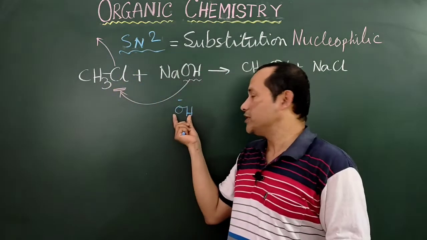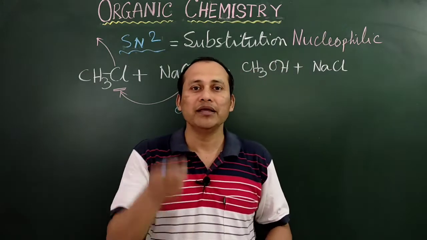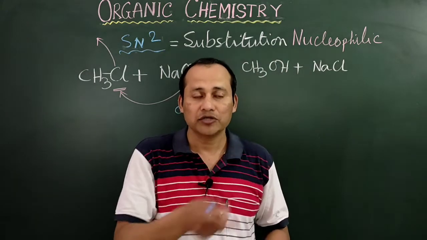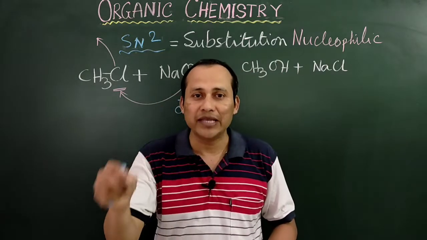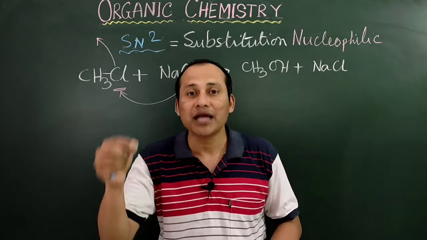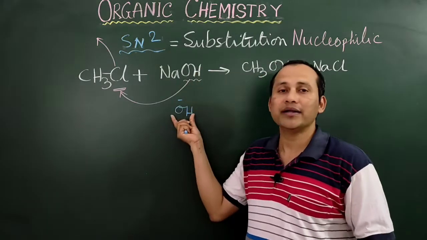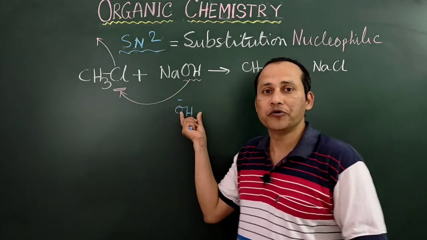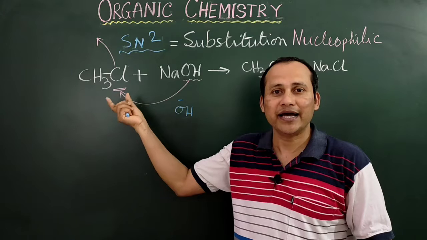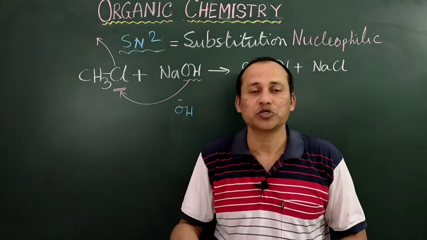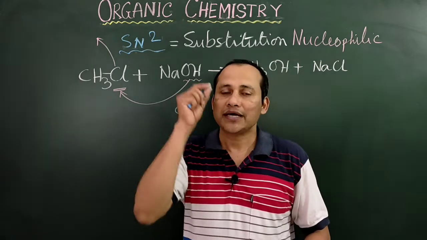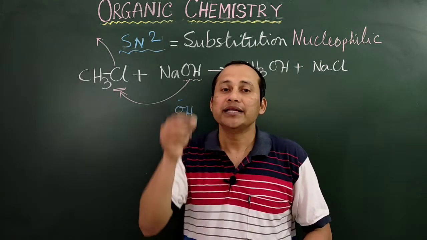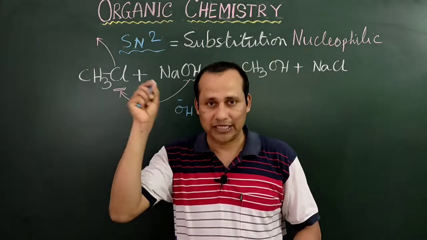So any group which is negatively charged will love the nucleus. This type of substance is called nucleophilic, nucleus loving. So this is one nucleus loving group which is acting here as the substituent. So this reaction as a whole is known as substitution which is nucleophilic in nature.